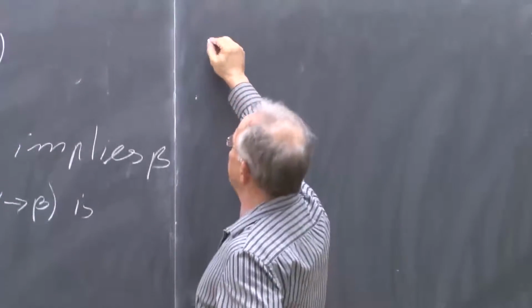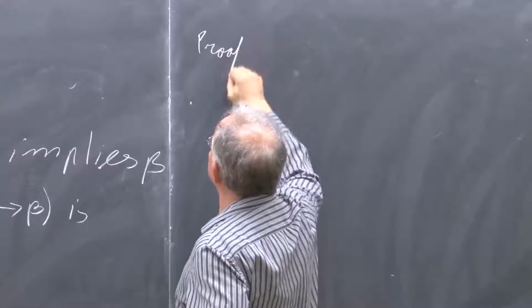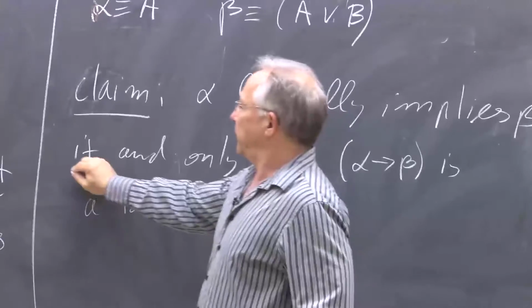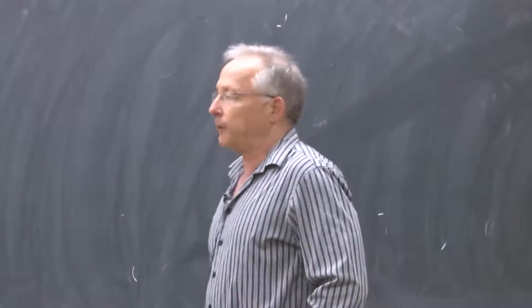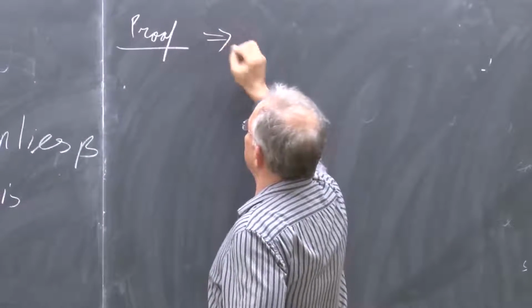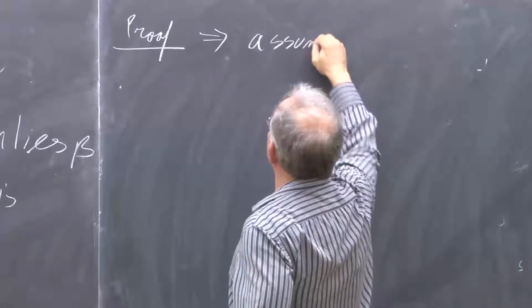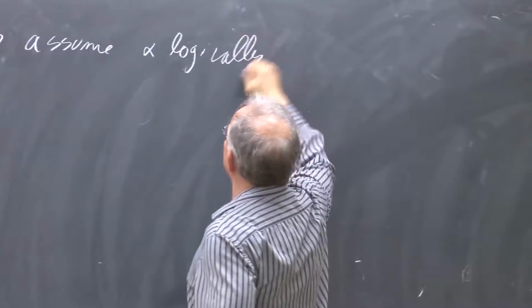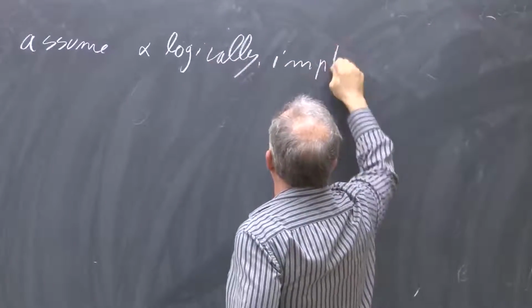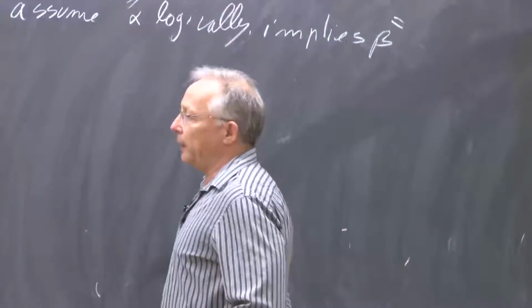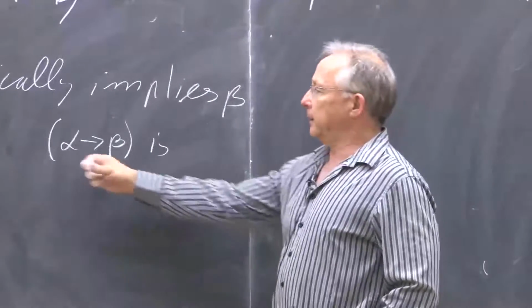So here is my proof of this claim. I have here an if and only if. So when I have an if and only if, I need to show two directions. So the first direction, assume alpha logically implies beta. Now we have to show that this is a tautology.